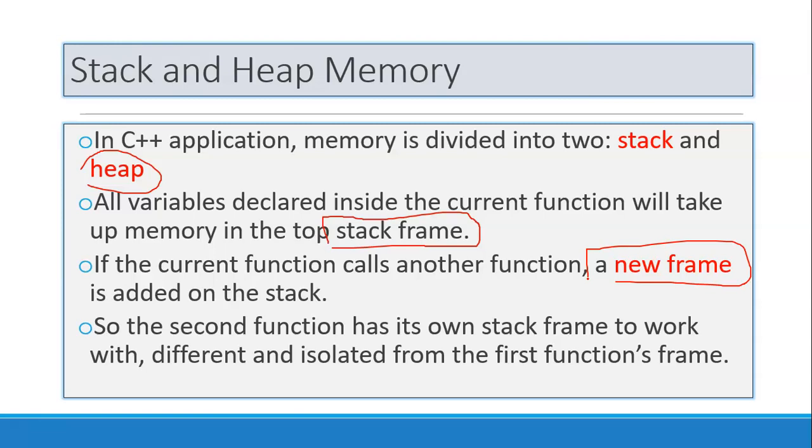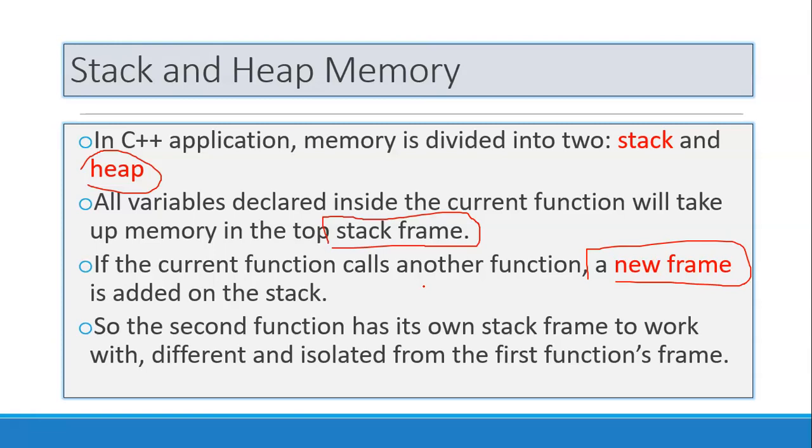So the frame for the first function will be the first one placed in the stack, and if this function calls another function, it is going to create another frame, and all the details for that particular function, in terms of variables declared etc., will be placed on top of this old frame. And if this calls another, then that third one will also be placed on top.